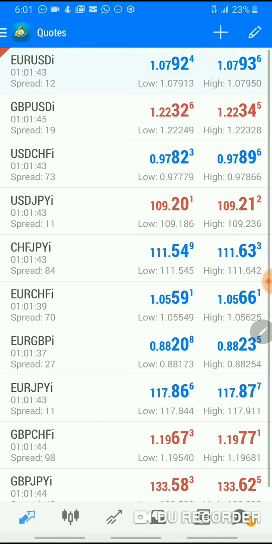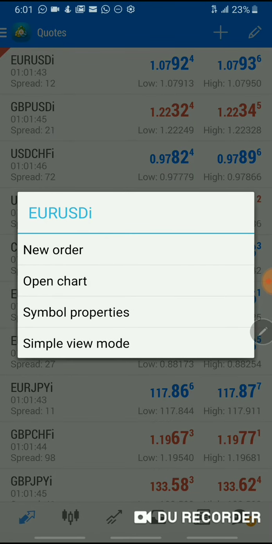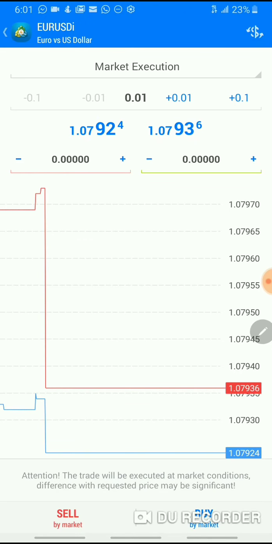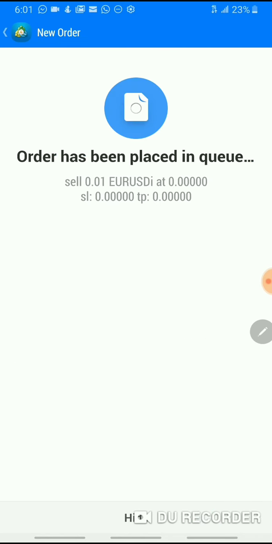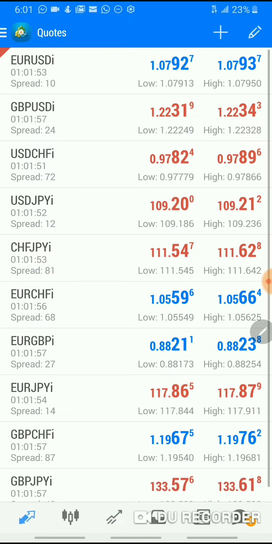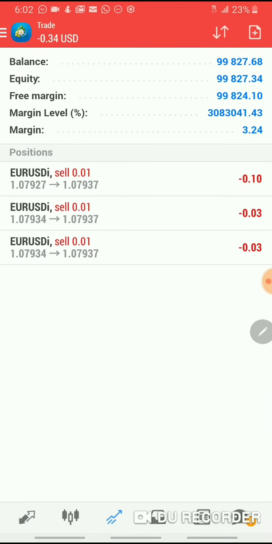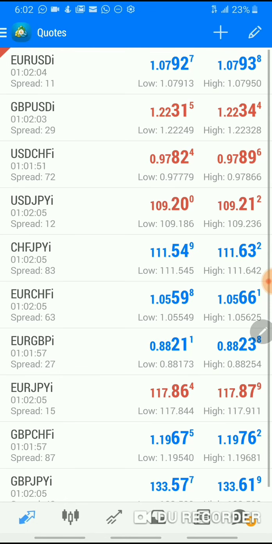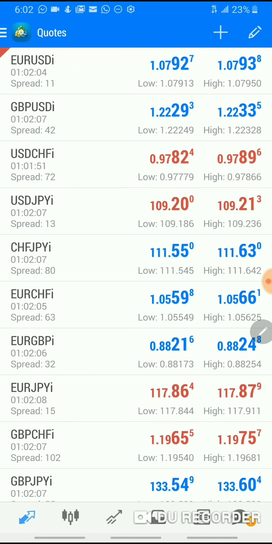Now, let's say I take a trade on Euro USD and I'm going for a sell. So I'm in for a sell, and that's like 10 pips. Sorry, the spread is 11.